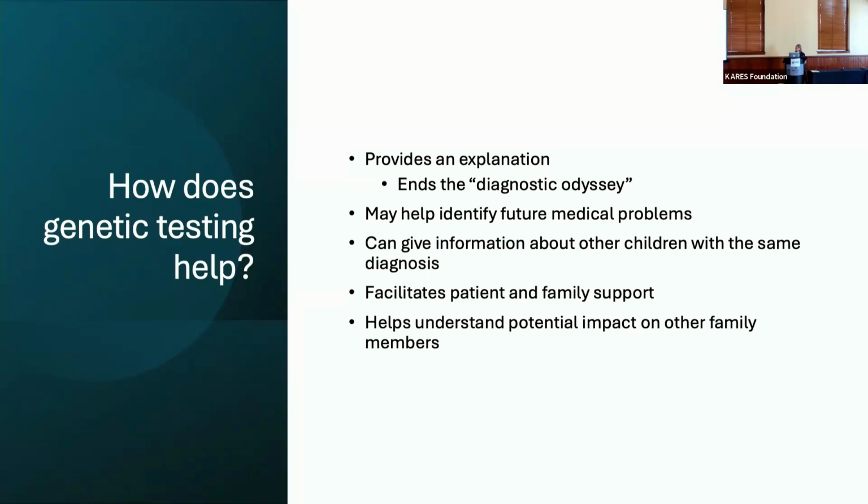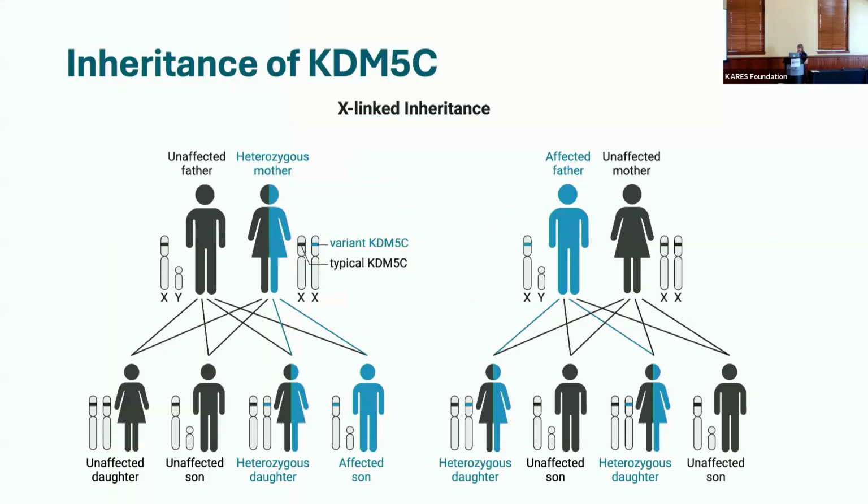And so let's talk a little bit about inheritance. This has probably been explained, but we all know that KDM5C is on the X chromosome. So we're talking about X-linked inheritance. I'm really just going to focus on this side. So typically what we see with KDM5C is that the father is unaffected.